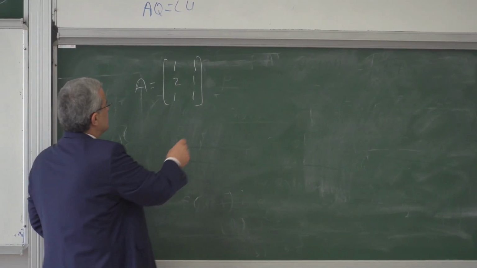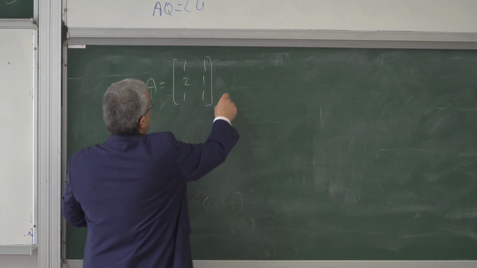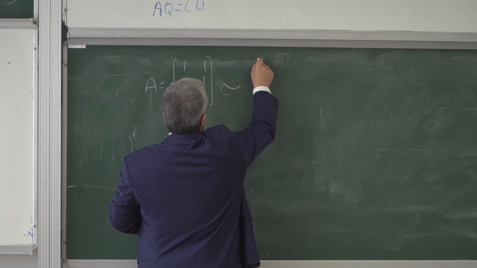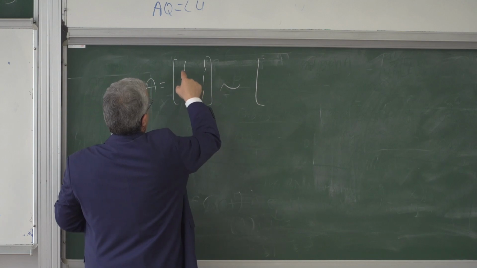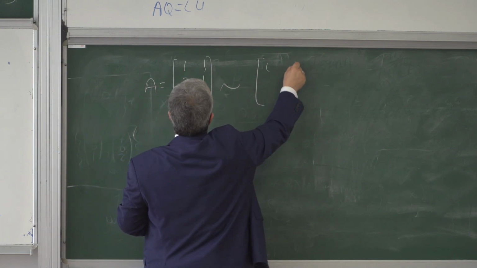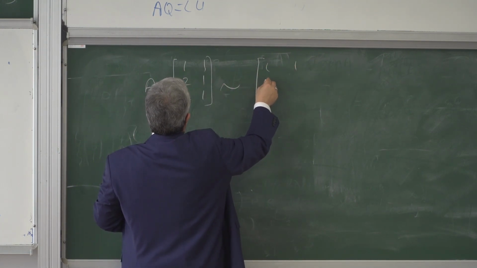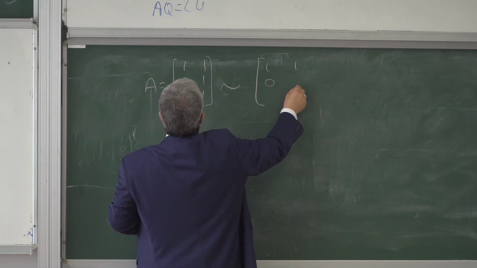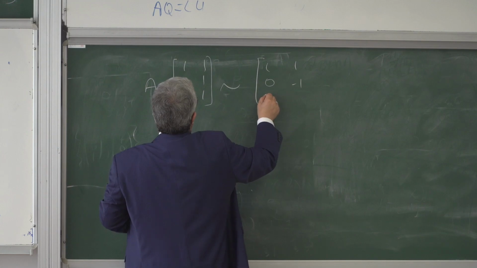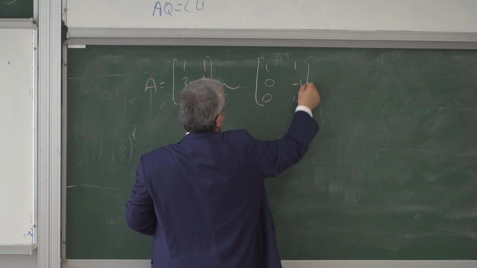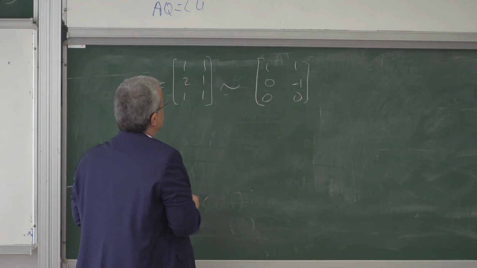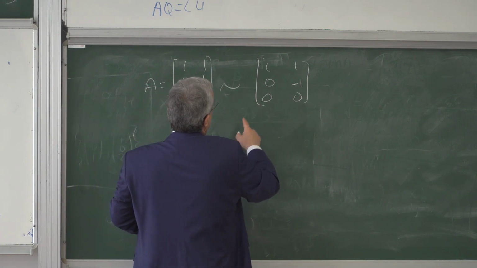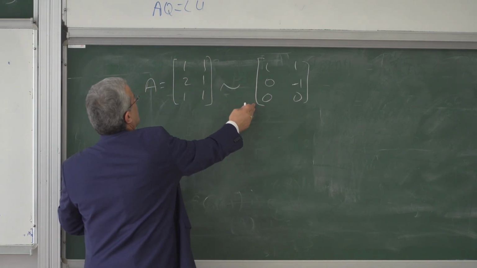So what am I going to have here? Twice this, so this is going to be 1, 1. This is going to be 0, minus 1. It's going to be 0, 0, right? So this is U.